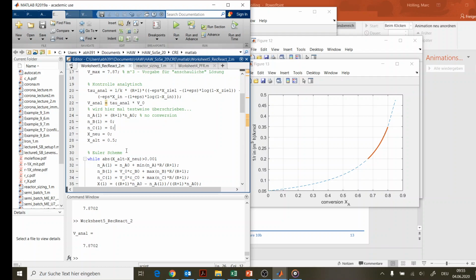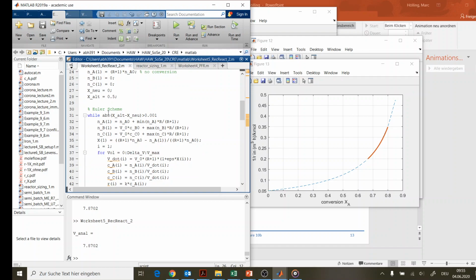And then for the while loop, I have to define two values for my conversion. Here you can see this is the loop for the recycle block, and in DVSim it would be something like a recycle block. Here I check if my conversions, the old one and the new one, are the same.